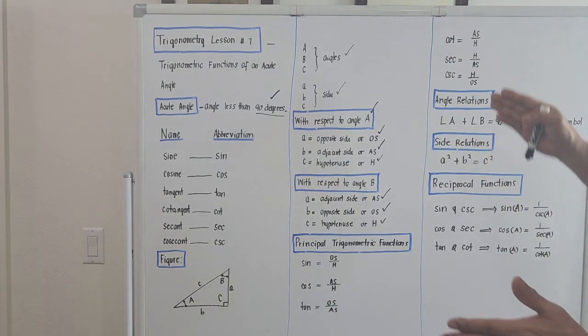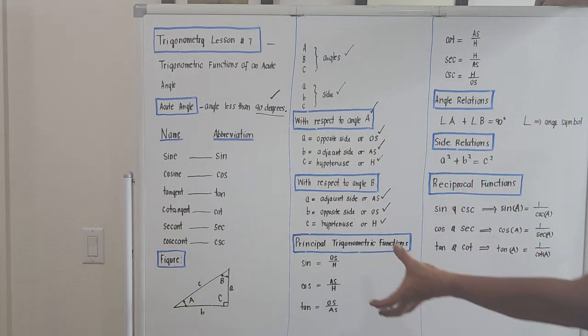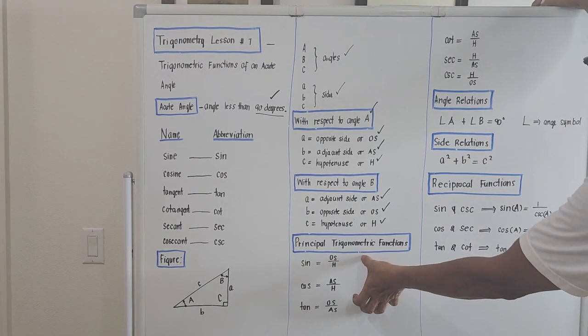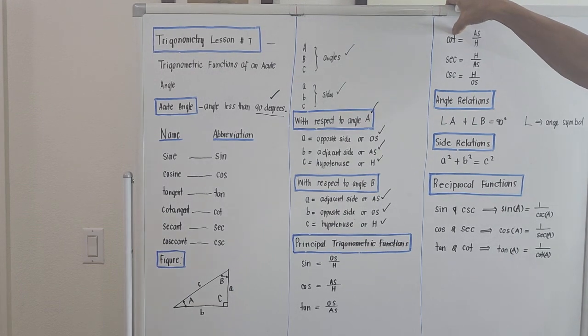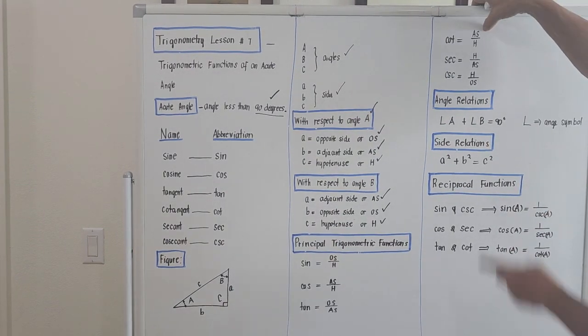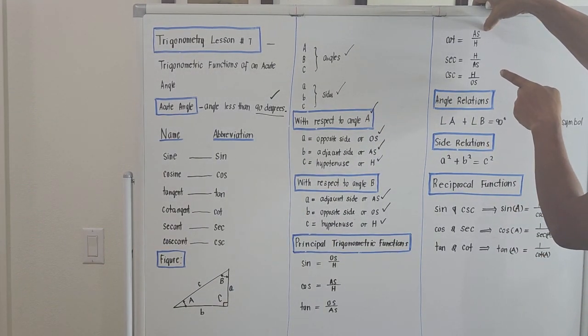And for the next three, it's the reverse of the first three here. Cotangent will be the reverse of tangent.